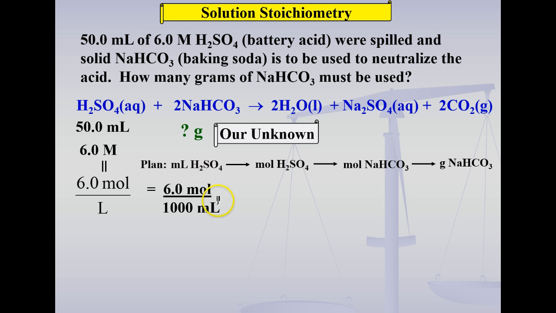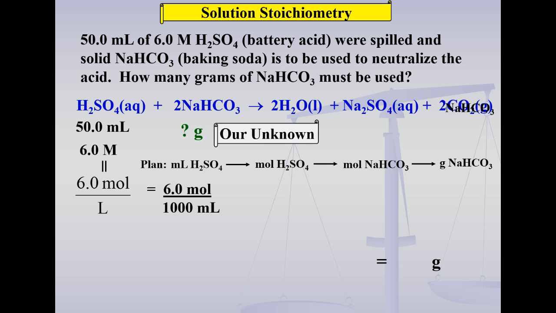Use the molarity. We have right here milliliters and moles. Molarity to convert to moles of sulfuric acid. Moles of sulfuric acid, so this is moles of A, to moles of B, moles of sodium bicarbonate, and then moles of sodium bicarbonate to grams of sodium bicarbonate. And that last part, these last 2 steps is what you're familiar with.